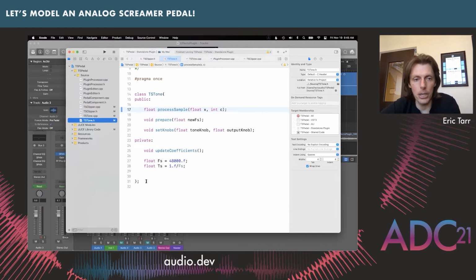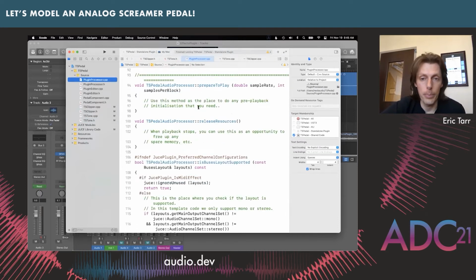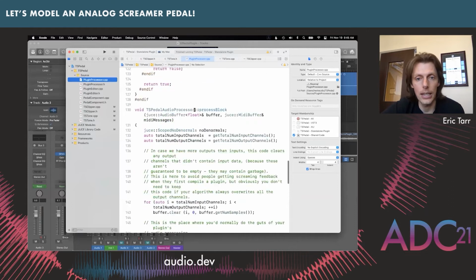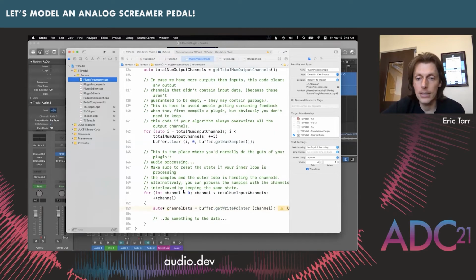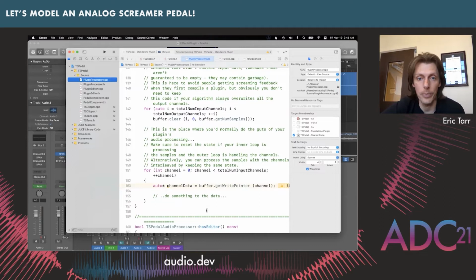Then we're going to add in a bunch of stuff down here for the different variables. And then over here in our plugin processor, we'll prepare. In our process block, we'll pass the samples in, each sample at a time, and then get the samples out and be able to do the processing that way.